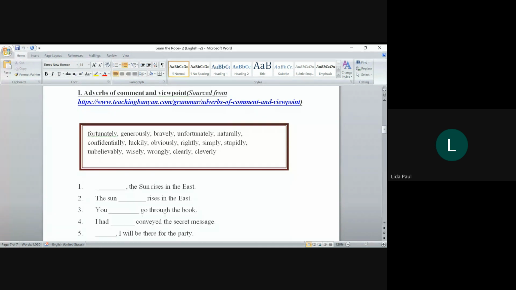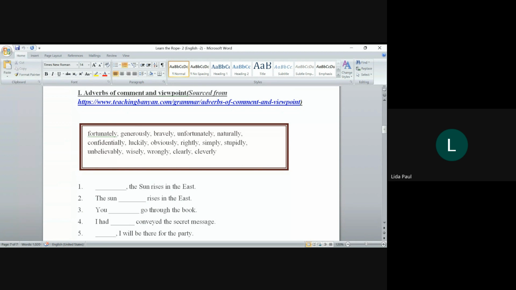They can be used maybe in places where you use a comment adverb. You can also use a viewpoint adverb, or to put it in other words, there are no serious differences seen between what is termed a comment adverb and what is called a viewpoint adverb. However, the actual difference arises in its placement in a sentence, right? So on its own, maybe these words don't look very different to us, right?